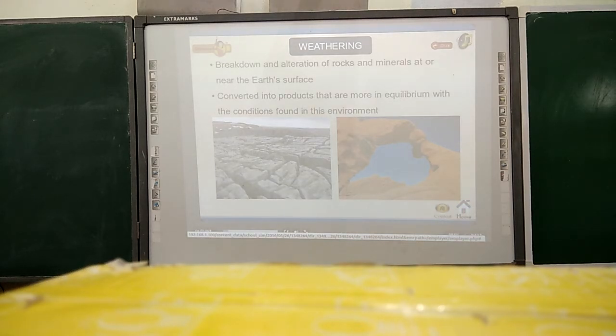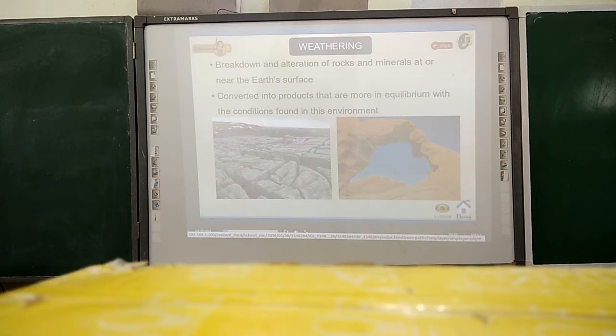Now you can see here how the rocks are breaking due to weathering.